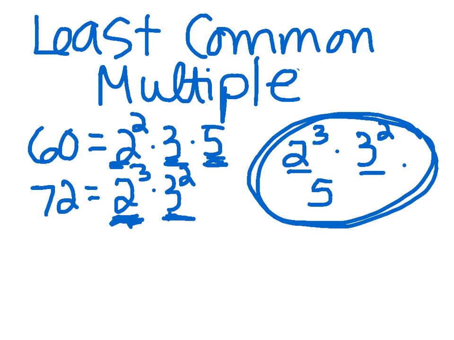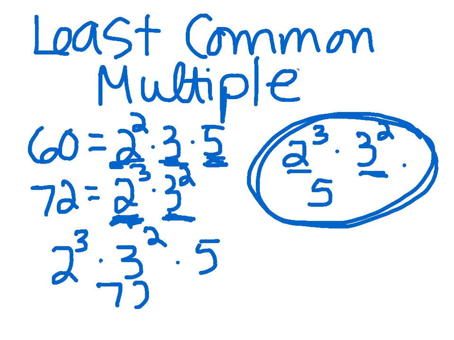So if I look here, 2 to the third covers the 2 squared and the 2 to the third. 3 to the second covers the 3 squared and the 3, and the 5. So these numbers multiplied together are 2 to the third times 3 squared times 5.